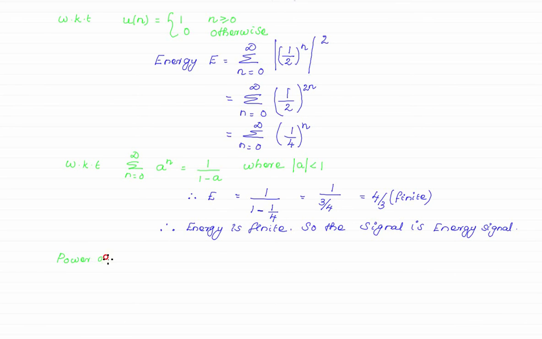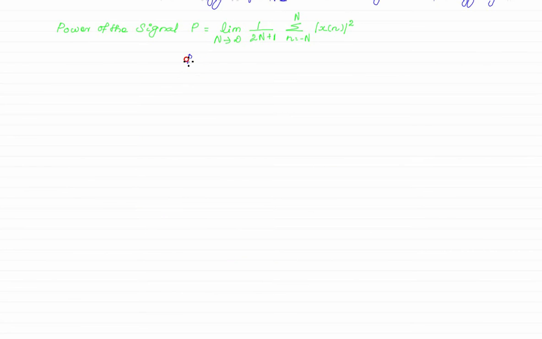Now we can determine the power of the signal, which is given by P is equal to limit n tends to infinity 1 by (2n plus 1) summation n equal to minus n to n modulus of x of n the whole square. In this step, we take in the place of x of n, which is equal to (1/2)^n into u of n.